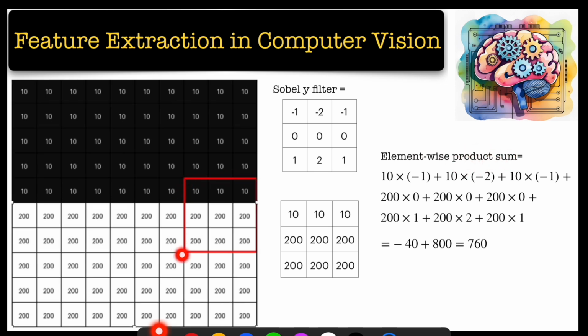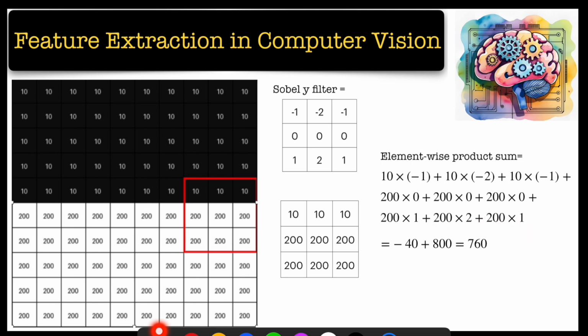So let's say the filter is here now. These are the pixel values and this is the filter. From the first row we get minus 40. The second row will give 0 always, and the third row is getting 200 plus 400 plus 200, so 800, right?